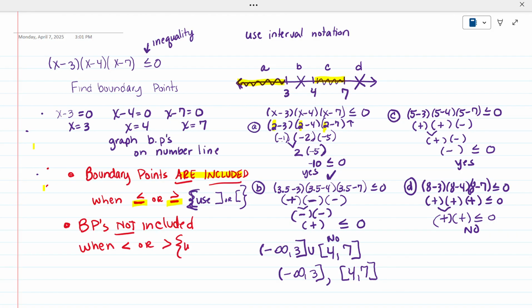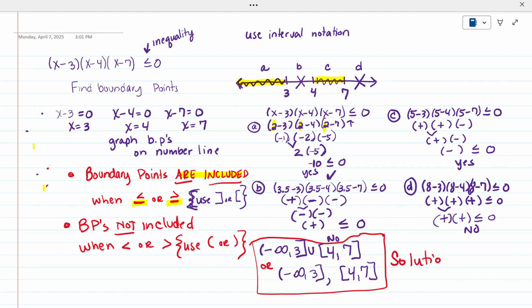So in that case, you'll use parentheses at the end. But here is our solution. We'll put the word or here. And hopefully that helps.